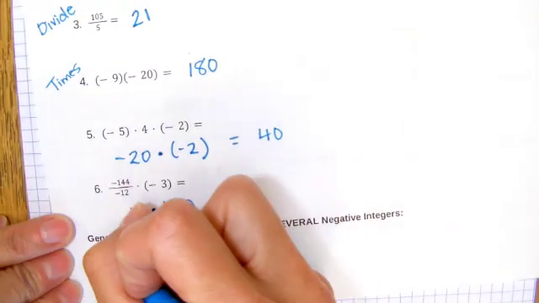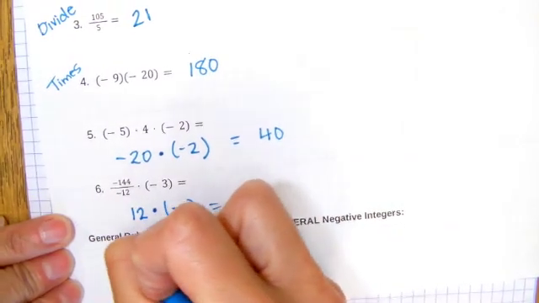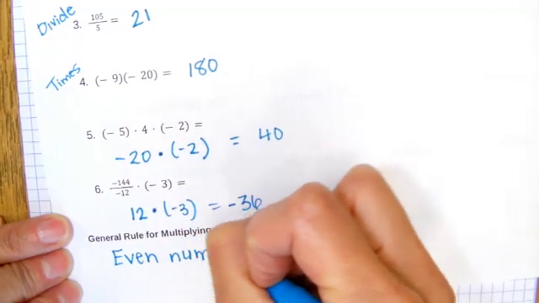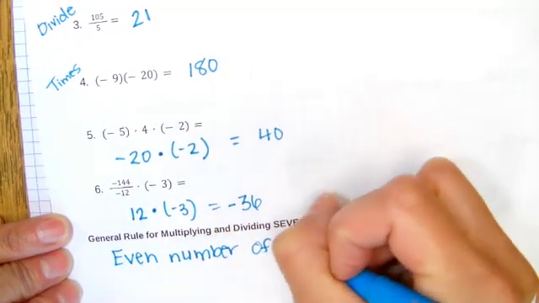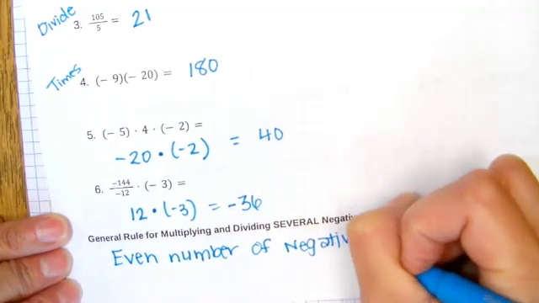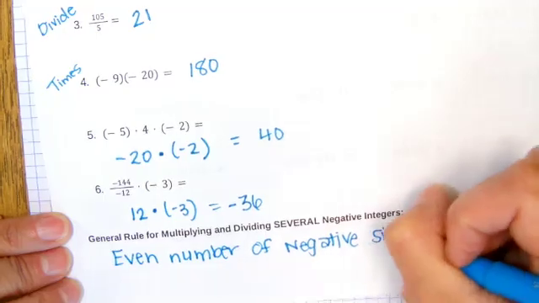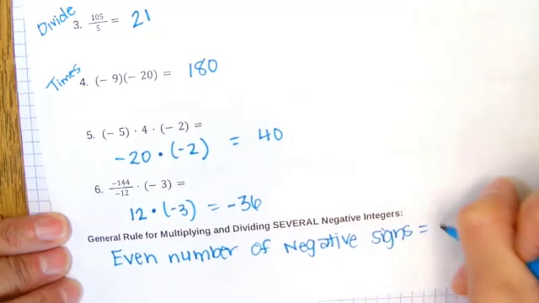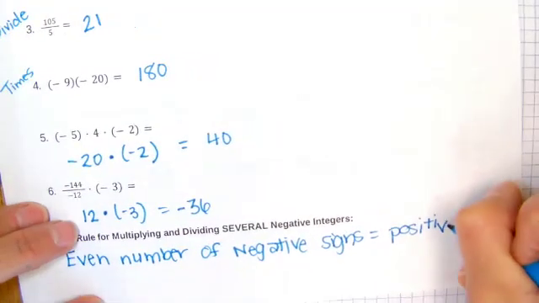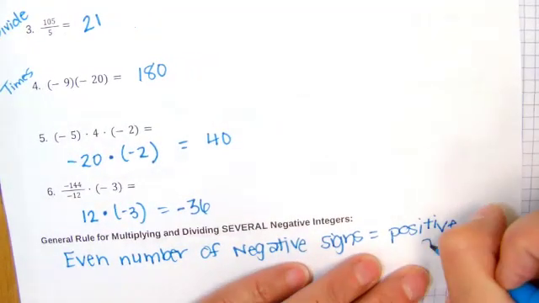So here's our general rule. An even number of negative signs will give you a positive answer. Sorry, I just wrote that really crazy.